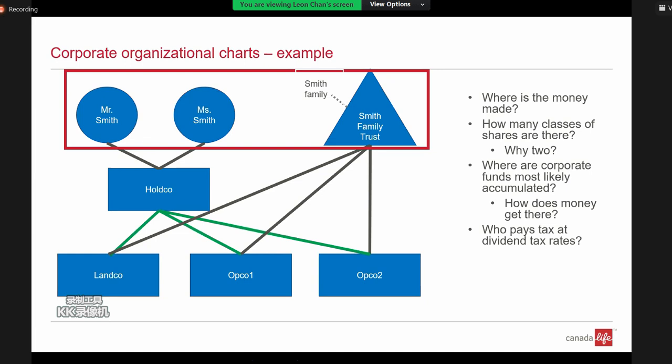Are there potential plans or upcoming sales in the future, which could, of course, have an impact on our planning? As well, from this situation, what type of information should we gather, right? And whose estate might have an issue to address, right? In this case, it's usually the level on top, right?